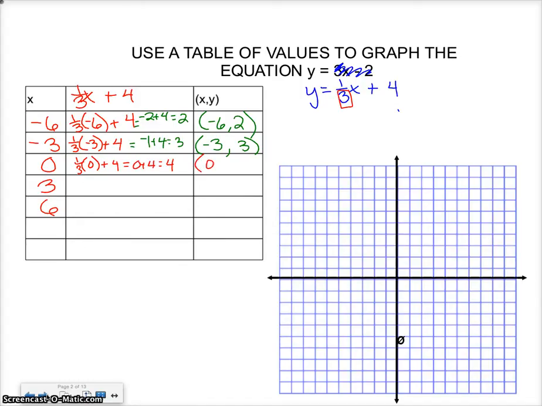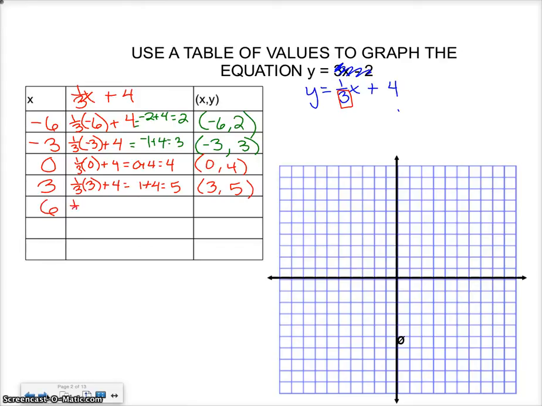You should be noticing the pattern now. A third of 3 plus 4 is 1. 3 divided by 3 is 1. Remember, a third just means divide by 3. So this would be 1 plus 4, which is 5.